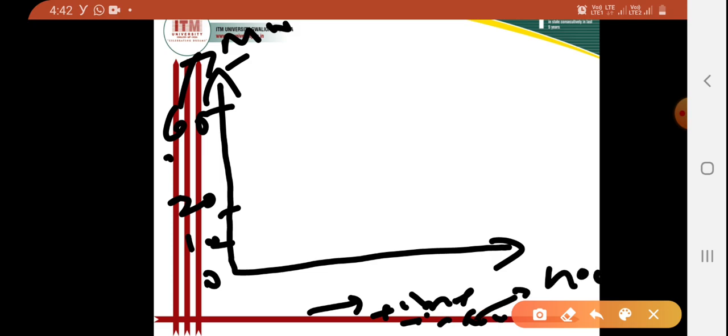Okay, so I can write here 0 from the starting point, then 4, 8, 12, 16, 20 and 24. I can write it in this way.